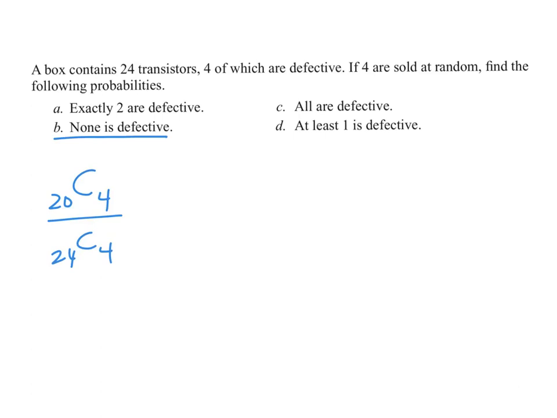You could have also put choosing 0 of the broken ones from the 4, but that just is 1. You could put that in there, it's just not going to change your formula. So I could say, okay, here's my defective, I'm choosing 0 from the defective bucket, but then from the not defective bucket, I'm going to choose 4. Does that make sense?